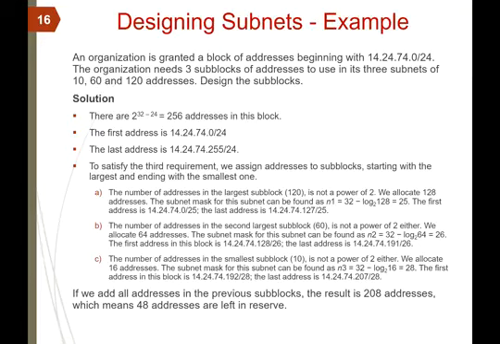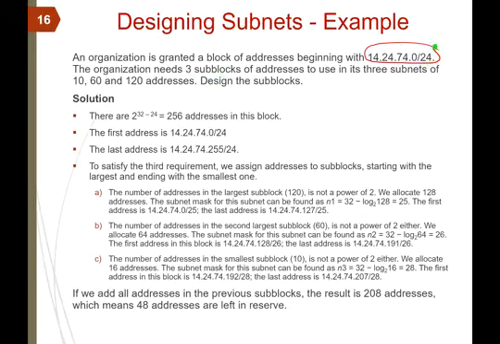An organization is granted a block of addresses beginning with, so this is the block. This is the slash notation. This is a classless address. The organization needs 3 subblocks.